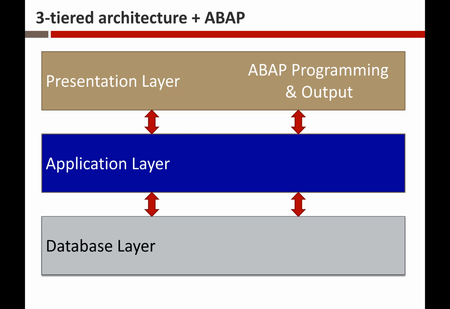And then, of course, end users or others in the organization are going to run or use your ABAP programs, and they're going to use the SAP GUI, the presentation layer, for both input and output. So the presentation layer is very important to us in that regard because we use it not only for development but for the interface to the end user.